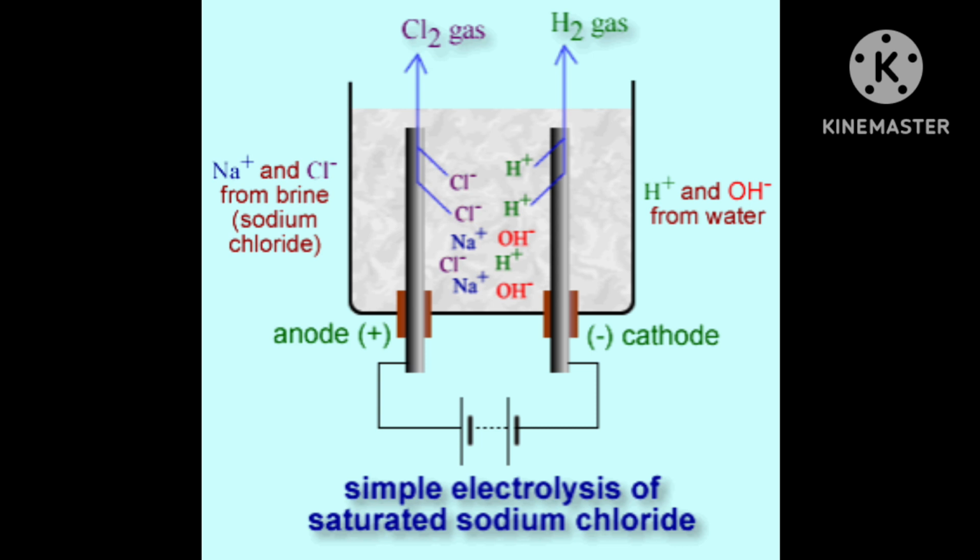Now you can see what reaction takes place at the anode. In a cell you always consider two reactions, at the anode and at the cathode. And for any cell, three things you have to consider: anode, cathode and electrolyte. Whether the electrolyte is aqueous, acidic or basic.